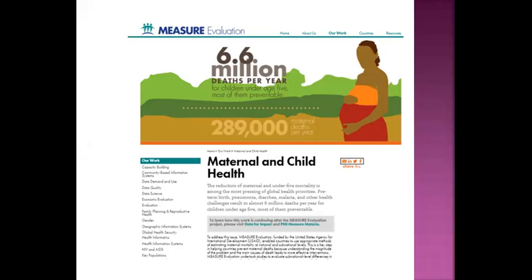The reduction of maternal and under 5 mortalities is among the most promising global health priorities. Preterm births, pneumonia, diarrhea, malaria, and other health challenges result in almost 6 million deaths per year for children under 5 years of age, but most of them are preventable.